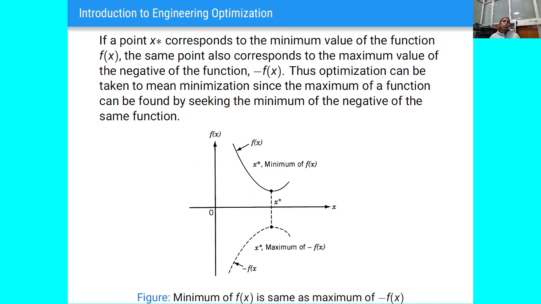So what we have to do is simply multiply it by minus 1, and we will conduct the minimization on that new function. That way we can use the minimization techniques for maximization also, as well as maximization techniques for minimization problems.